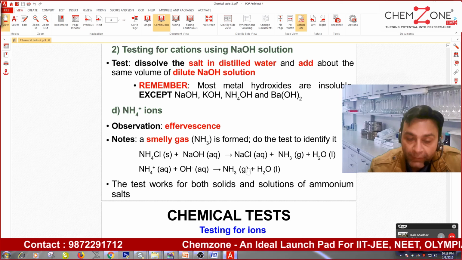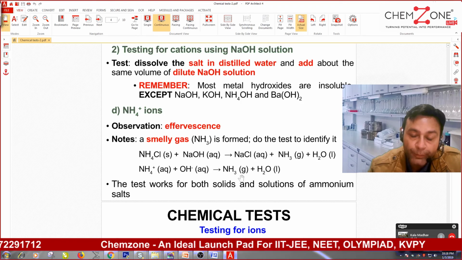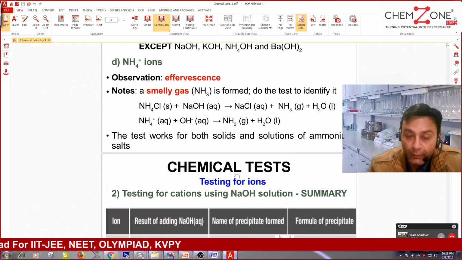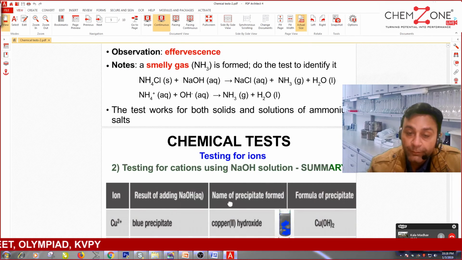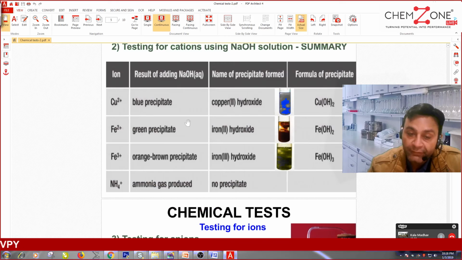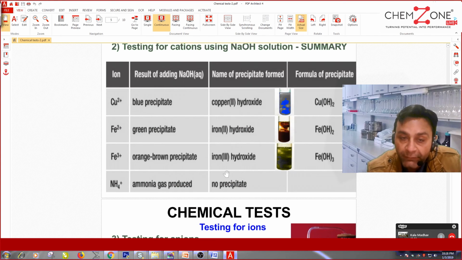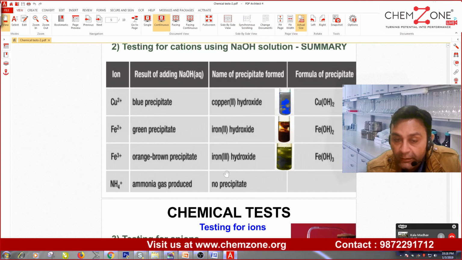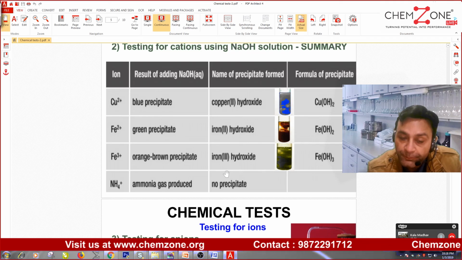And if it is basic in nature, it will be proved by adding litmus paper, which will turn from red to blue. So, a summary of testing cations using NaOH: a blue PPT with the copper ion, ferrous will give you a green PPT, ferric will give you an orange-brown PPT. But with ammonium there is no PPT formed; instead you get ammonia gas produced, which can be tested by passing HCl. We get fumes over there.